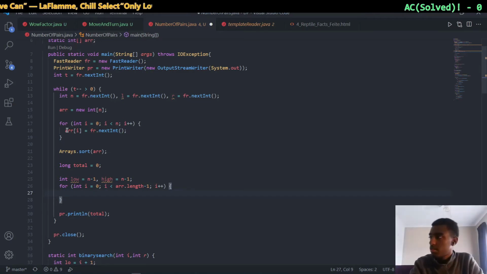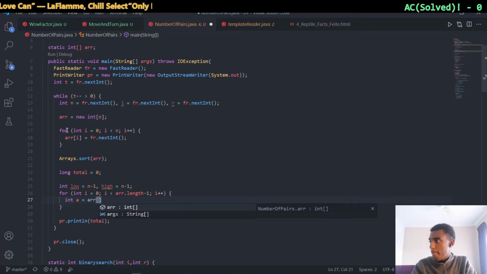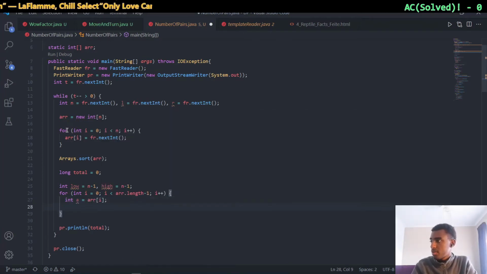And then we need to store the initial value. Then we need to run 2 while loops, and then while low is greater than 0, greater than or equal to 0. No, it has to be greater than 0. We're never going to have that case.